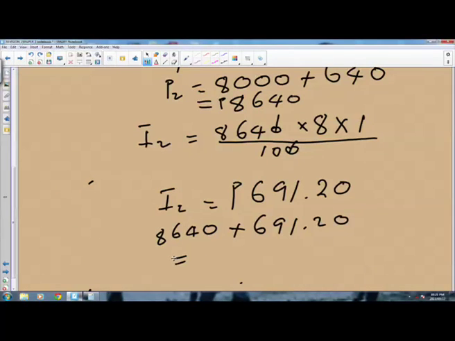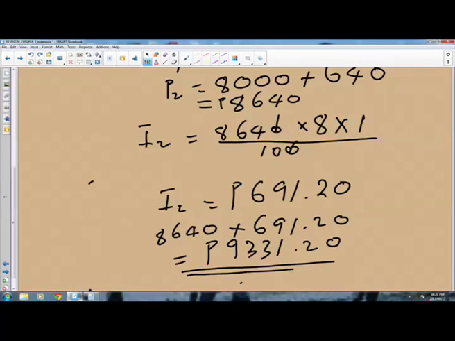So the amount is 9,331.20. So this is the amount at the end of the second year. This is the balance in the account at the end of the second year. It is 9,331 pula 20 tebe. It is the amount at the end of the second year.